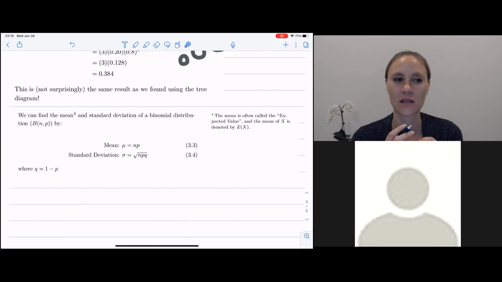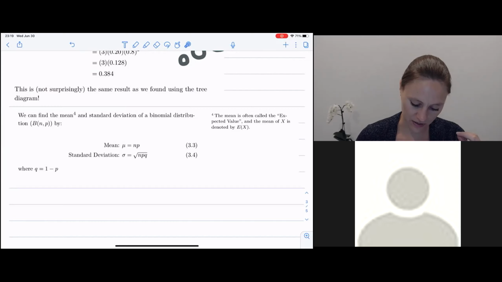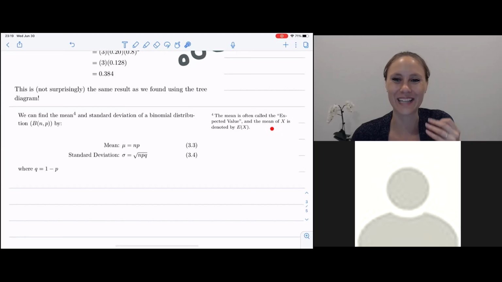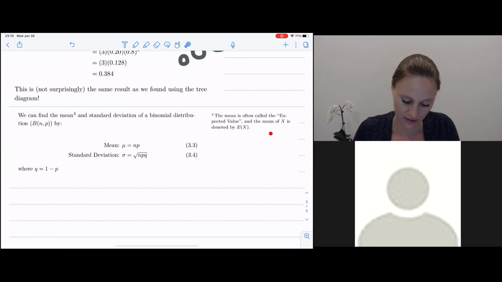Why is that? Well, it's because the mean, which we have called the expected value before, and in this case it makes a little bit more sense to call it the expected value. And it highlights that it's what we would expect to see, right? And so the mean is always what we would expect to see. If we don't know anything, at least that's what we would expect.